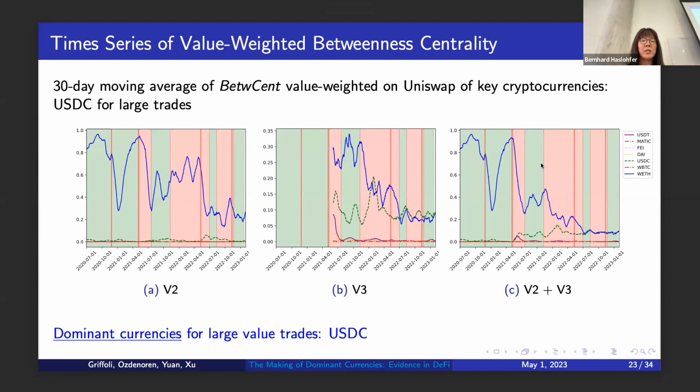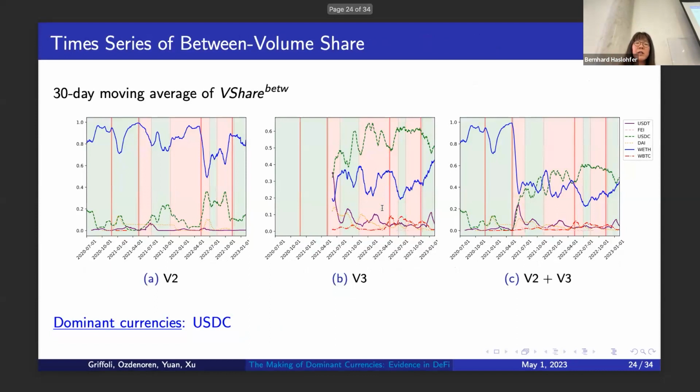Another thing to learn is the dominant currency for large trades tend to be stable coins rather than WETH. This shows a bit from the V3 graph. The green line is USDC. If you look at the volume share, this shows even more clearly.